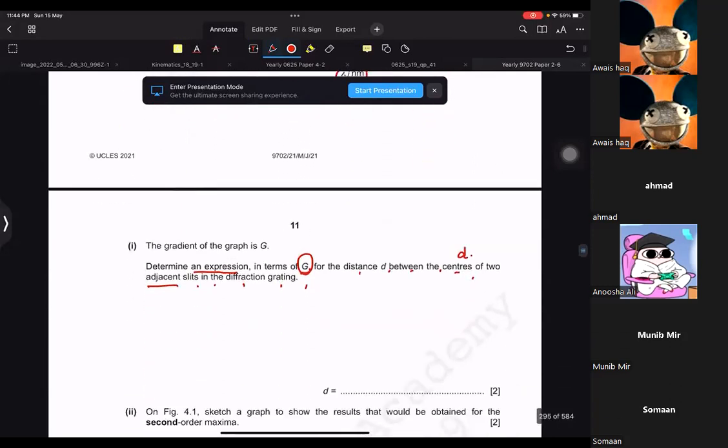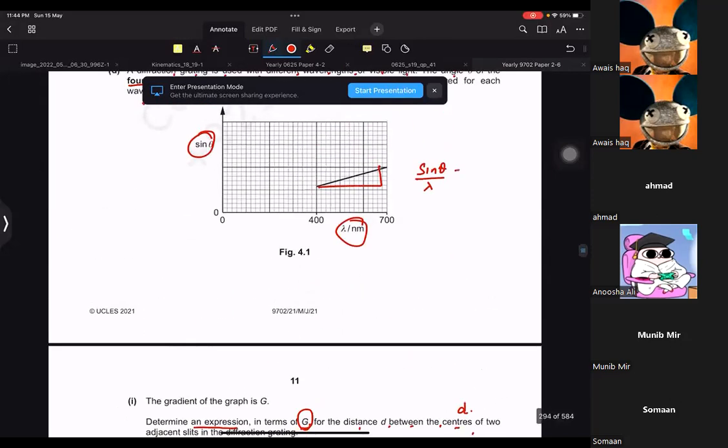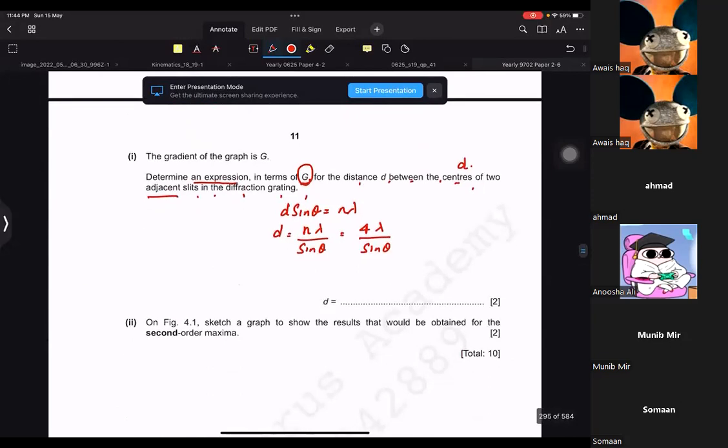So our equation is d sine theta equals n lambda, and d is what we need to find. So it will be n lambda over sine theta, right? n in this is fourth order. Now, interestingly, the gradient g is equal to sine theta over lambda. Here we have lambda over sine theta, so it means it will be 4 over g, like that. Okay.